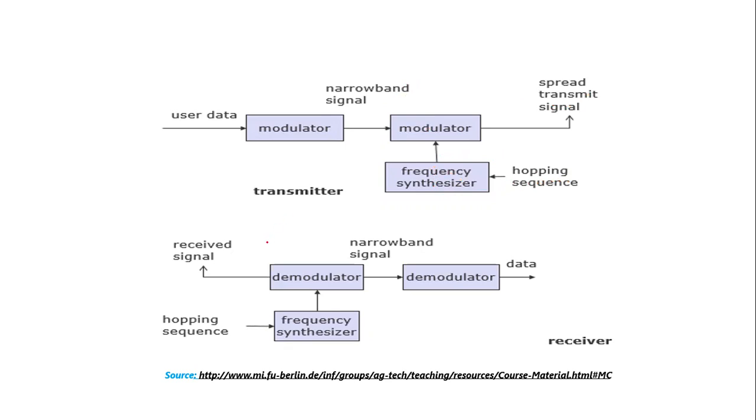Now the receiver will receive this signal, and first the receiver demodulates it using the frequency synthesizer with the same hopping sequence that is used by the sender.